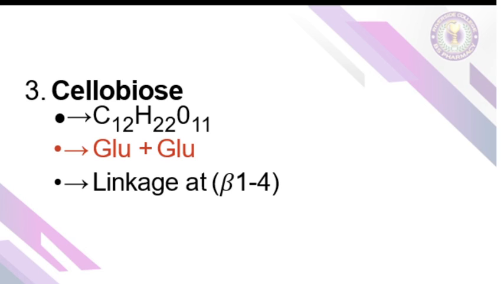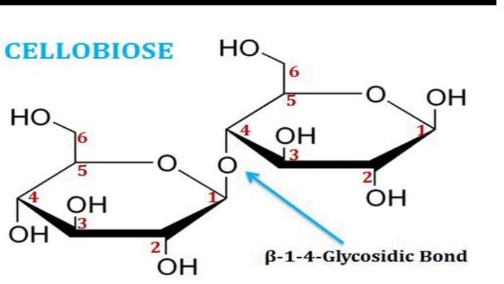Cellobiose is not really popular, but it's the same as your maltose. It's just that it has the beta orientation for your anomeric carbon. As you can see, the OH is placed above, in an upward orientation. So if it is upward or beta, it is not called maltose but cellobiose.